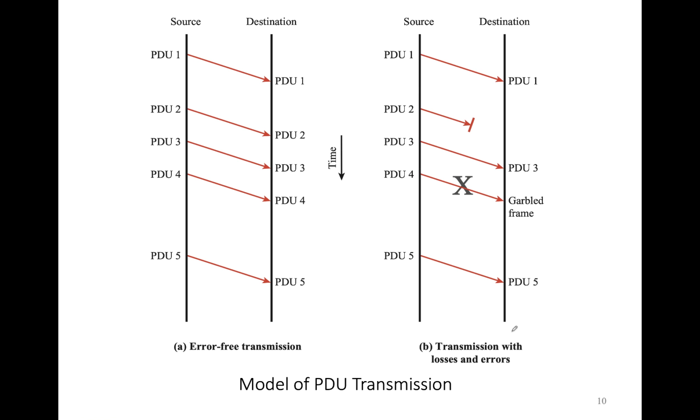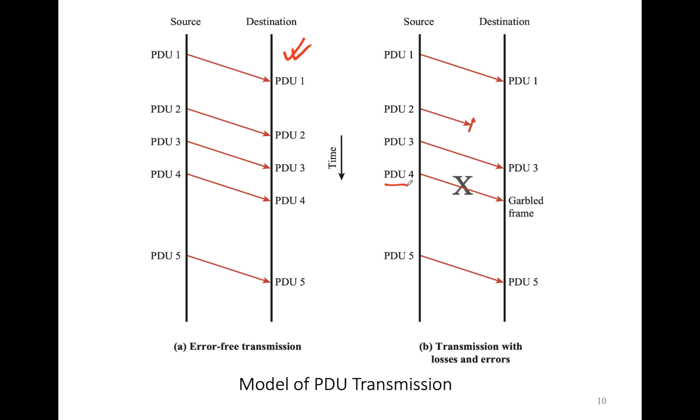So this is the scenario here. You saw this is the error-free scenario, where all PDUs are received at a certain fixed time delay, and this is the scenario where you have losses and errors. Here your PDU2 may not arrive at the destination at all, or there can be some errors in a PDU.